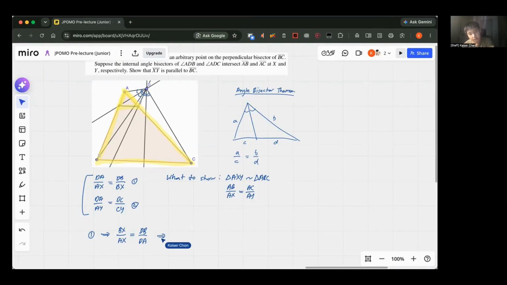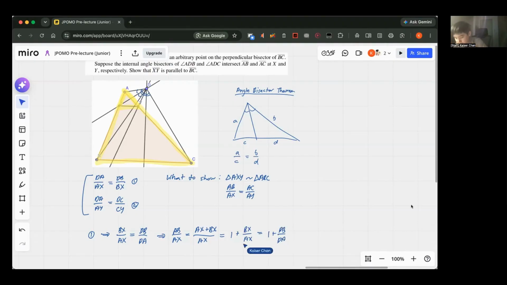Because AB equals AX plus BX. So we get that AB over AX is AX plus BX over AX, or 1 plus BX over AX, which equals 1 plus DB over DA.